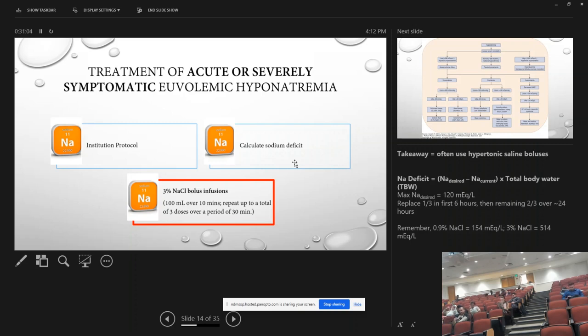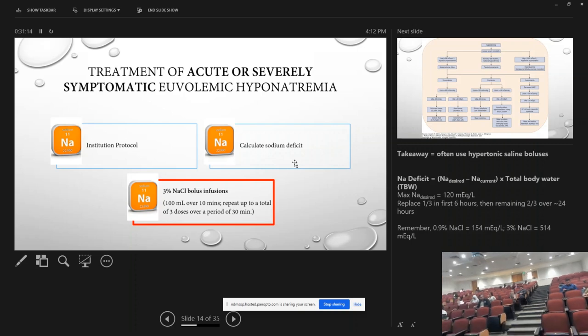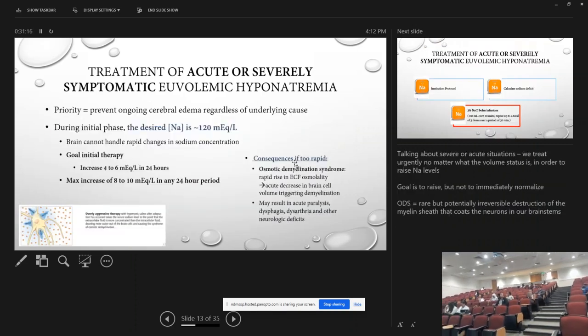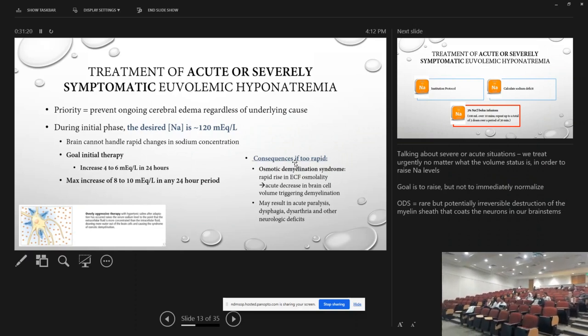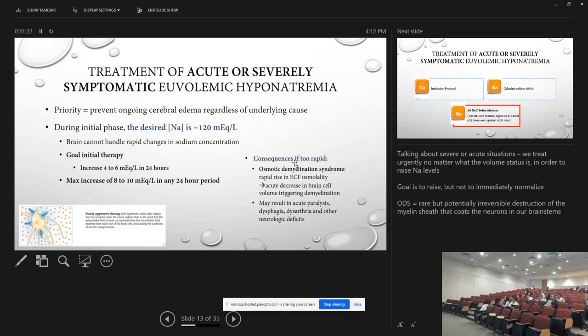If they are still symptomatic, give them another bolus and do the same thing until they're asymptomatic or symptoms are less, or you reach those thresholds, the goal of therapy. And you really don't want to go past this in 24 hours, okay? Once you go past 10, that's where the risk of osmotic demyelination goes up quite a bit.